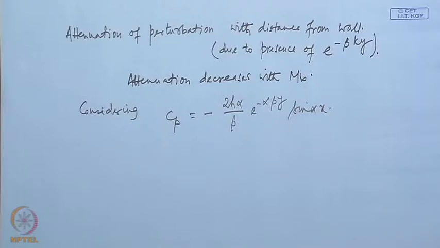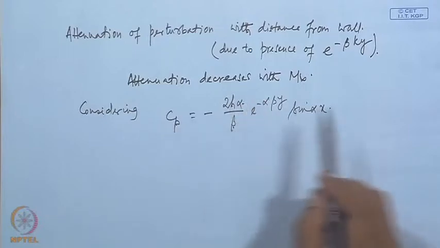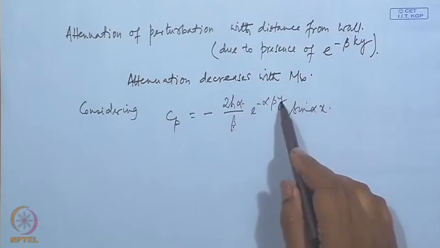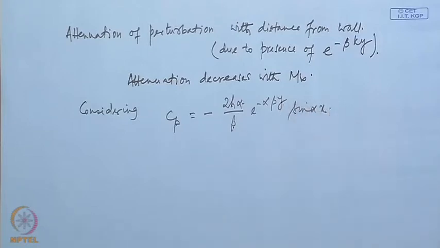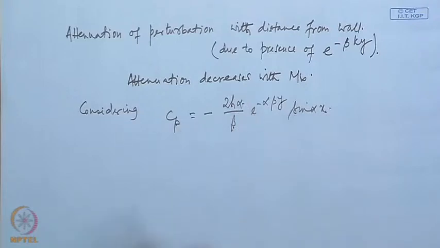We can see that the parameters involved here are 1, 2, 3, 4, 5, 6. There are 6 parameters involved: C p, h, alpha, beta, x and y.